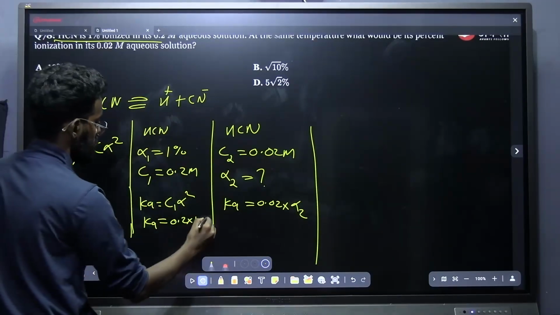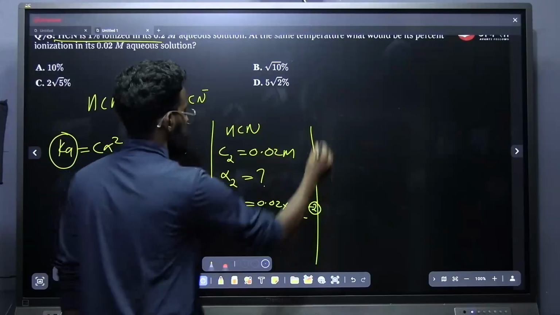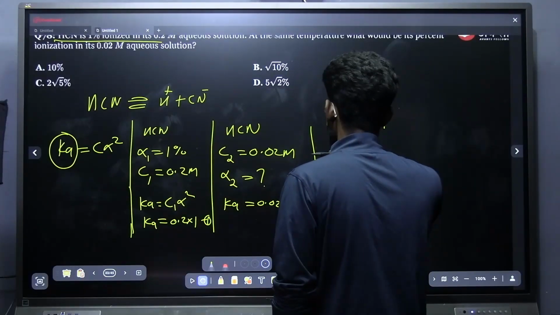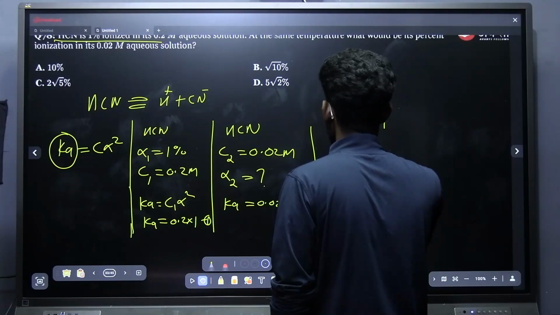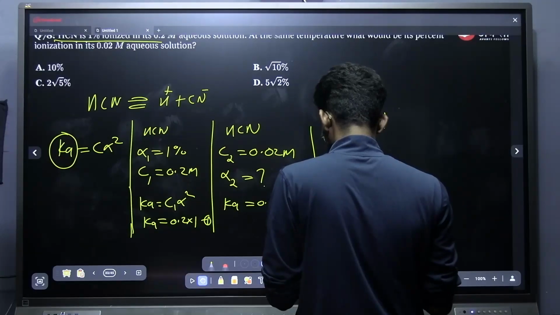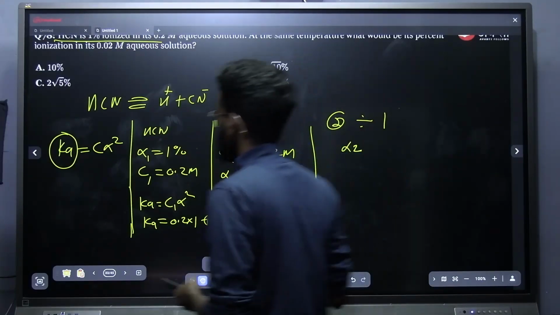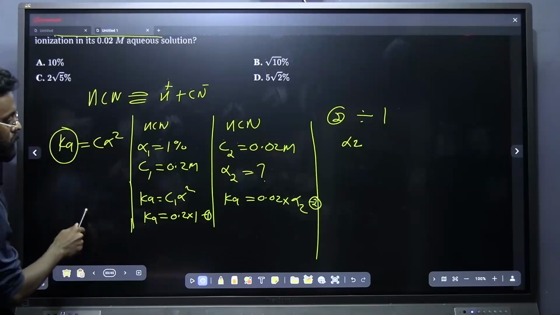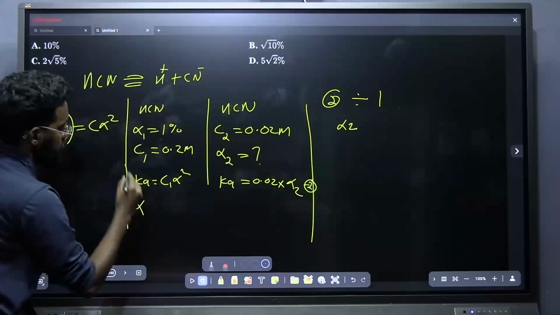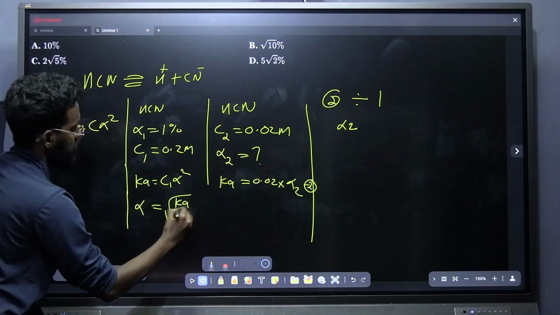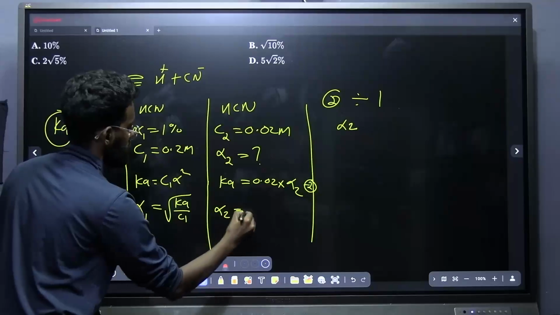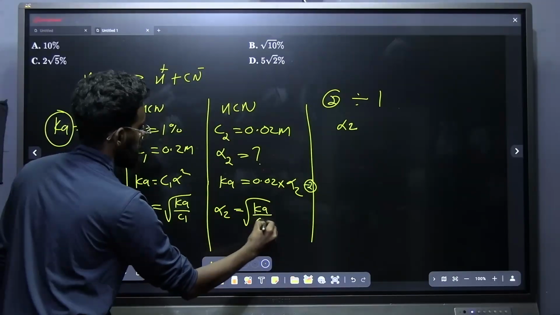Now this is equation 1, equation 2. We have to find out the alpha value, right? Alpha is equal to root of Ka by C1. This is alpha 1, and alpha 2 is equal to root of Ka divided by C2.